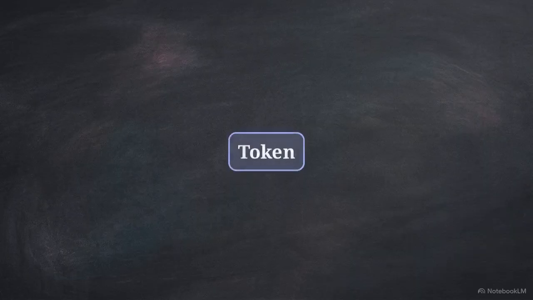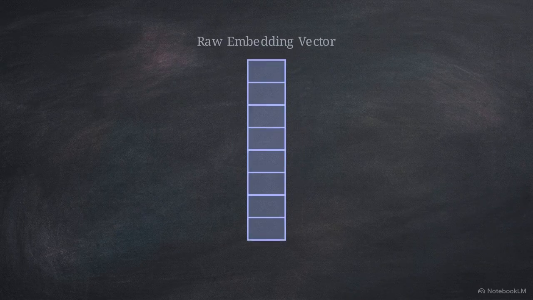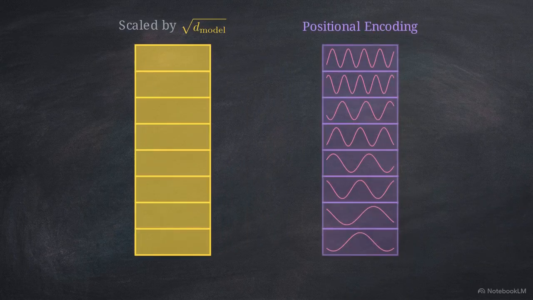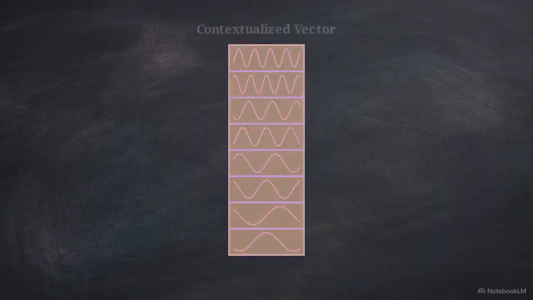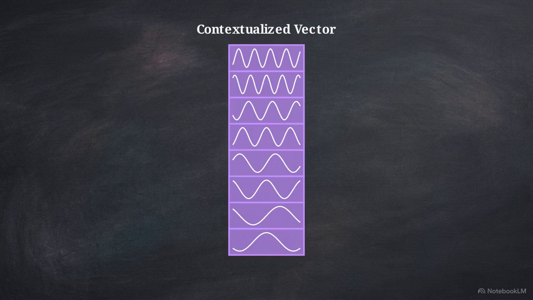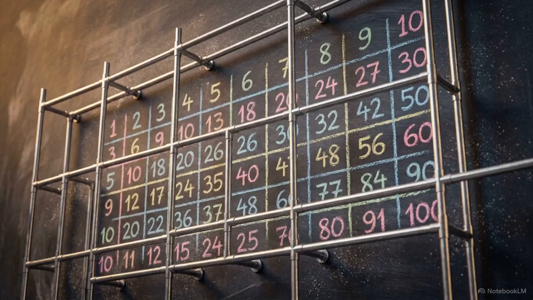To begin the injection of order, the raw embedding vector is scaled up by the square root of D model. A fixed sinusoidal positional encoding is then added directly to the vector, providing a signal the model uses to distinguish a token's location in the sequence. These entry mechanics are the mandatory scaffolding that allows a parallel engine to maintain a mathematical sense of sequence.